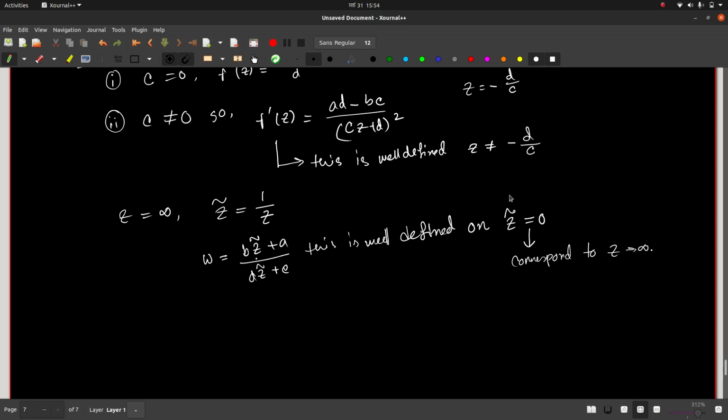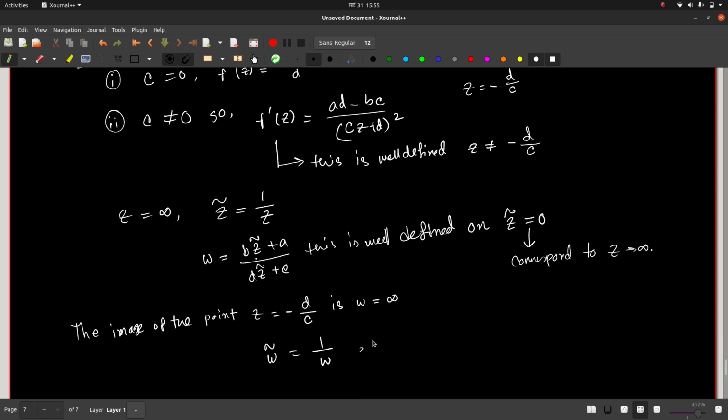Okay, and the image of the point z equals minus d by c is w equals infinity. And this is the thing that will motivate another transformation, that is given by w tilde equals 1 upon w.